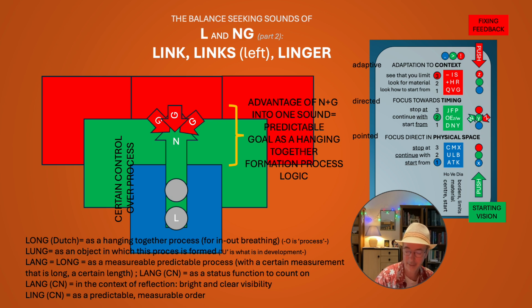And in this foundation, this structure, we could also derive all the words which had a combination of L with N. The advantage of this N plus G into one sound is that it also makes a more predictable goal, so that you see, okay, there is really a hanging together process, that something is forming towards a direction, and we can follow it.